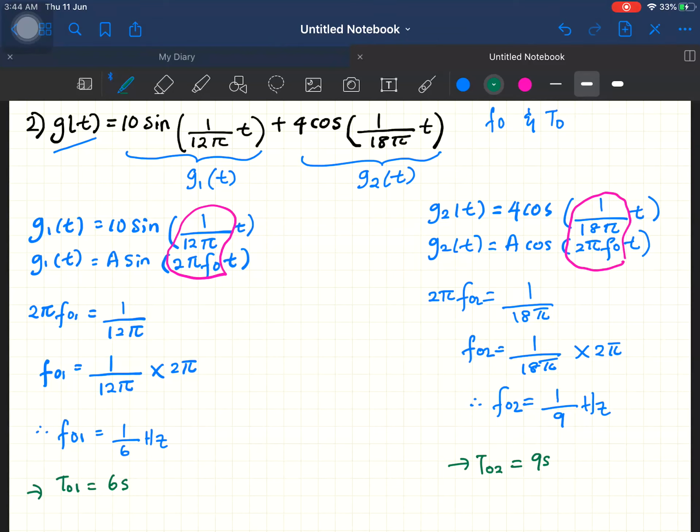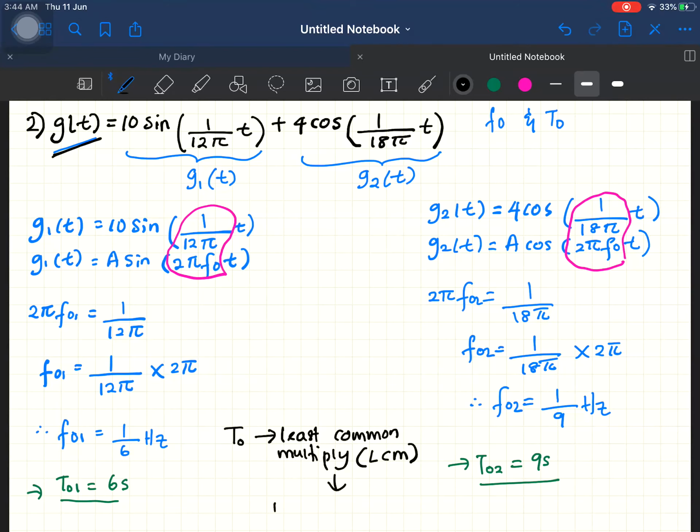Now you have two fundamental periods, this one and this one. In order for you to find T naught, the fundamental period of g of t, you have to apply a mathematical theory known as the least common multiple, or LCM.